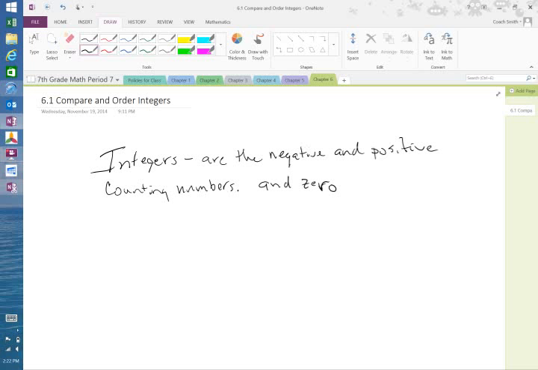He went 1, 2, 3, 4, 5, 6. Those are the counting numbers. Just like negative counting numbers: -1, -2, -3, -4, -5, -6, and so on.